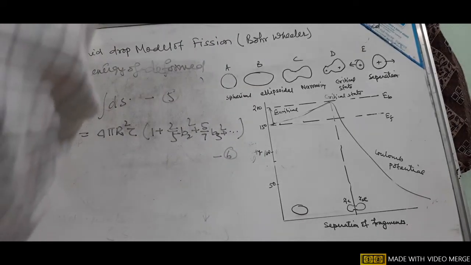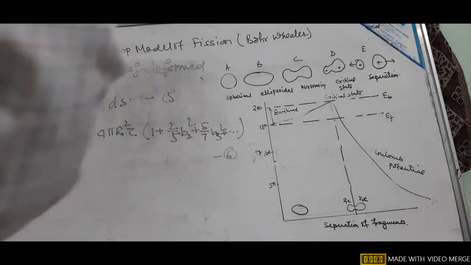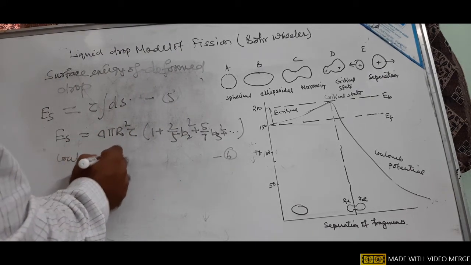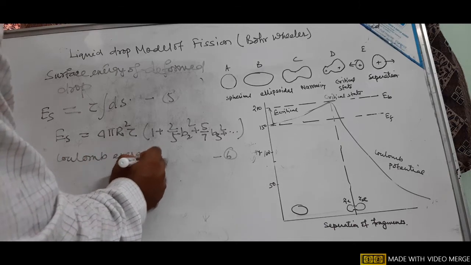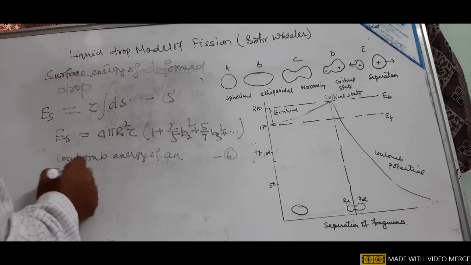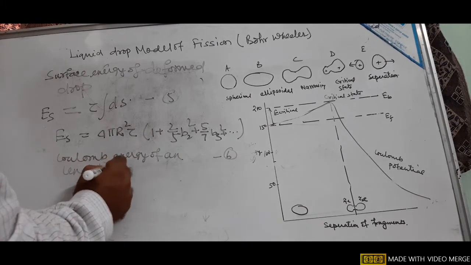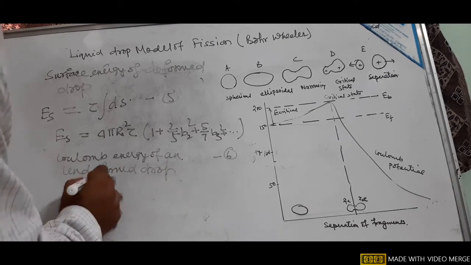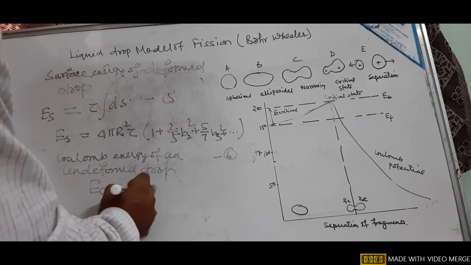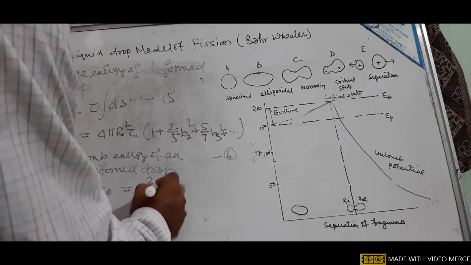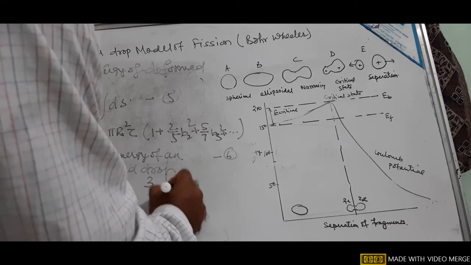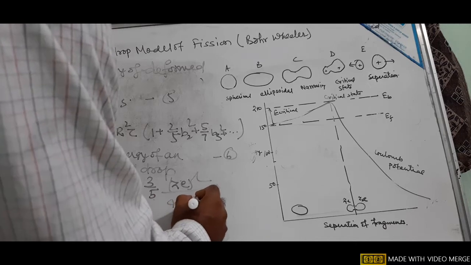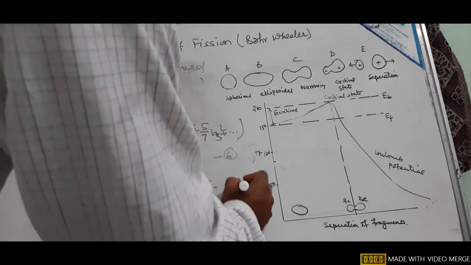Now the Coulomb energy of an undeformed drop, EC0, is equal to 3/5 times Z e squared divided by 4 pi epsilon times R0. This is equation 7.